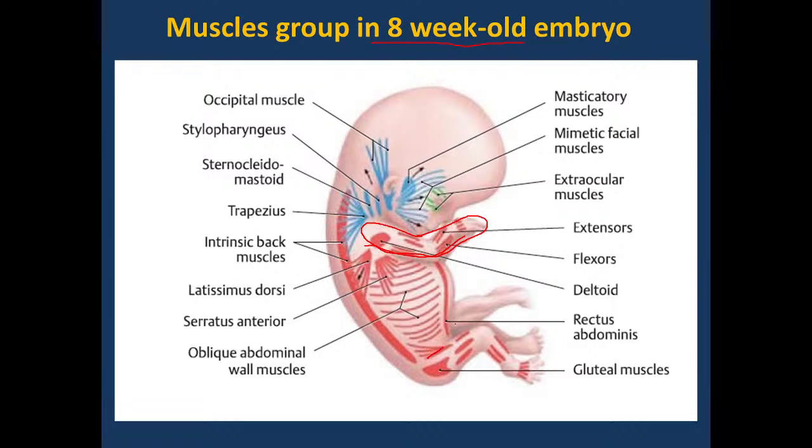After birth, the lower limb grows more, and they became bigger than upper limb. But in the first studies of development, the upper limb predominates in the development.